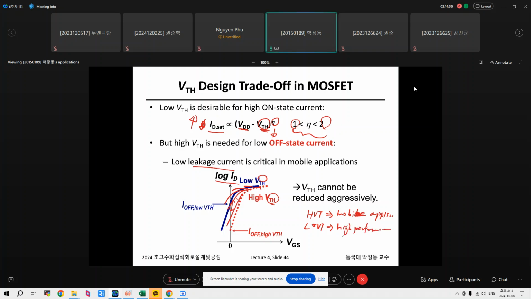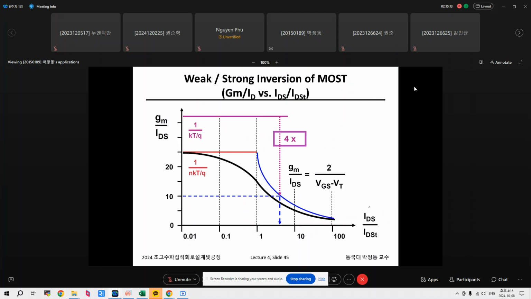High performance device. HVT is for mobile applications, whose leakage current should be small enough. So this is the weak to strong inversion of a MOSFET as a function of GM over ID. This is a performance figure of merit for the performance of analog circuits.